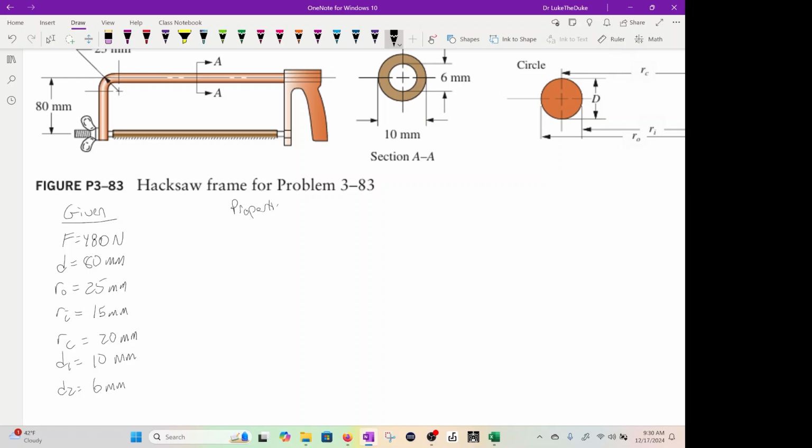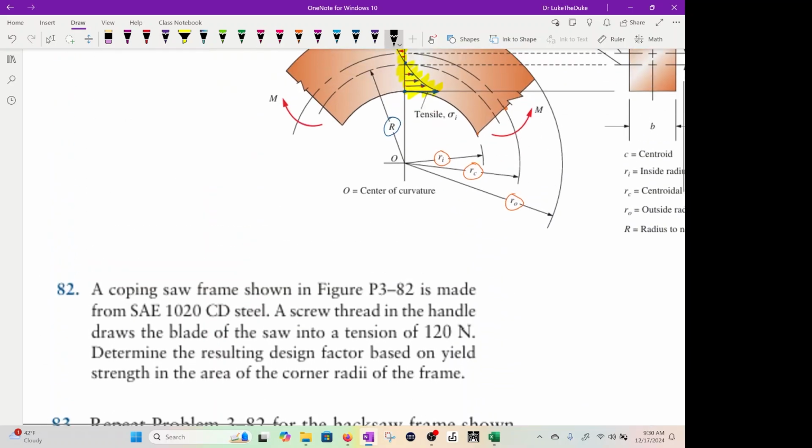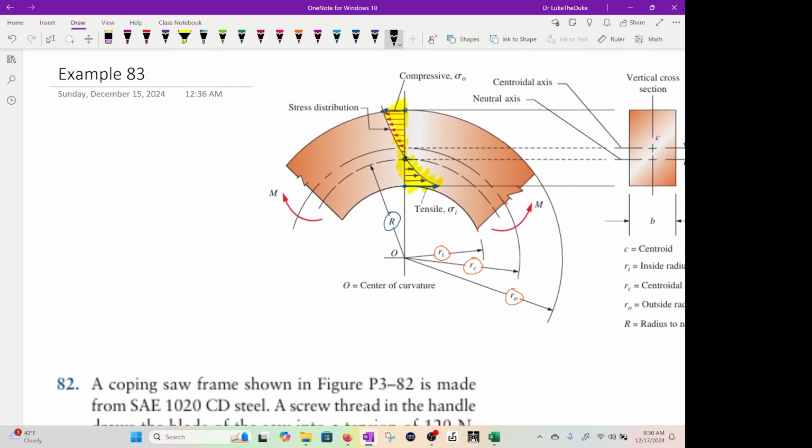Properties. We're using SAE 1020 cold drawn steel, and we look in Appendix 3, the yield strength, SY, is 352 megapascals. We're going to calculate these sigmas on the outside and the inside, because they're at different radii, and they calculate a different stress.